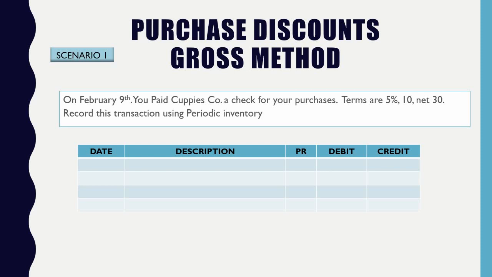It's called purchase discounts, right? So in this case, if I made my discount period, right? Here, I'm taking away 5%, all right? I get my discount. So therefore, I need to make a smaller payment. So how do you think I should actually journalize this?